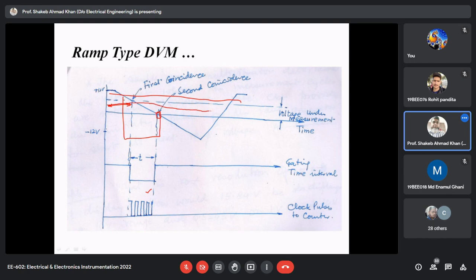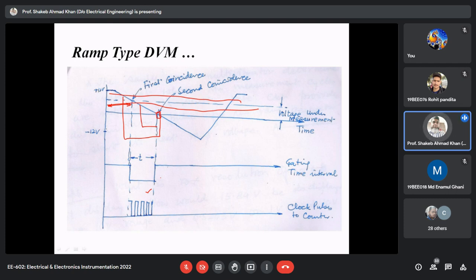And if it is less, then obviously this will be your gating time, approximately. So when the unknown voltage is more, you get more pulses received by the counter, and if your voltage is less, then fewer pulses will be counted.